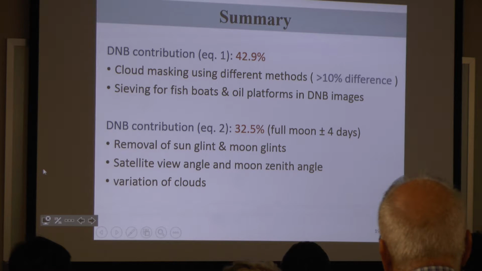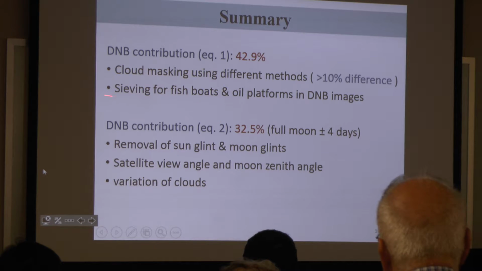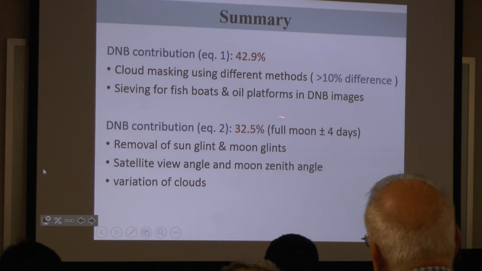Additionally, for daylight band images, the lights from the fishing boats and oil platforms are very strong. Those pixels are removed in the daylight band images, but remain in the daytime images. For daylight band contribution in terms of turbidity estimation, the contribution is 32.5%.